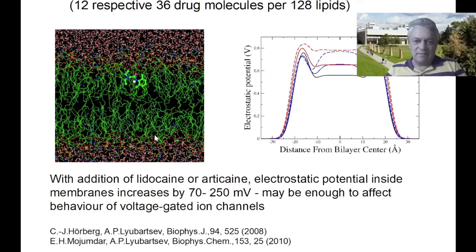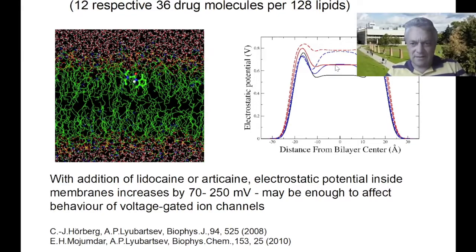We studied different properties, but what was remarkable is that when we add anesthetic to the membrane and compute the electrostatic potential across the membrane, we see that the addition of anesthetics increases the electrostatic potential inside the membrane. And this increase becomes larger with larger concentration of anesthetic.